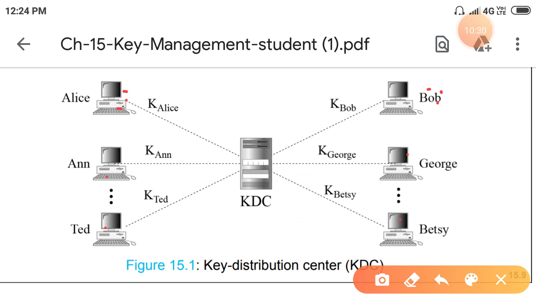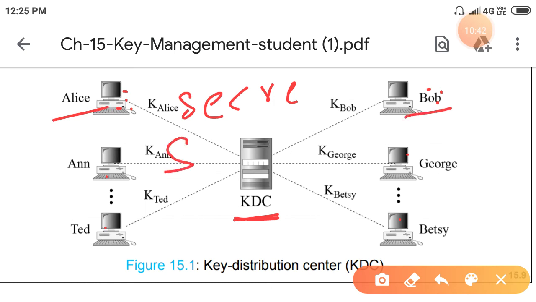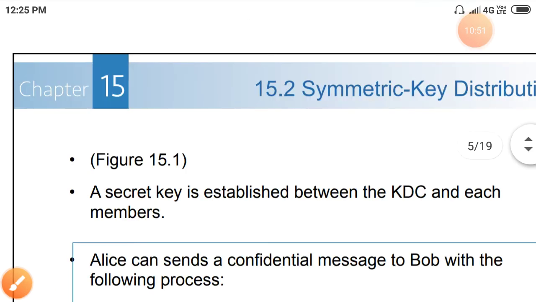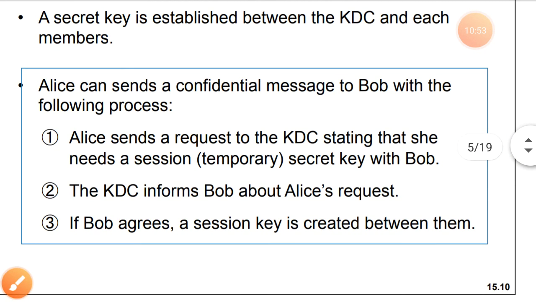The secret key is used when a member wants to communicate with the KDC. When Alice wants to communicate with Bob, that time we are using the session key. How we use this, now we'll see. The secret key is established between the KDC and each member.